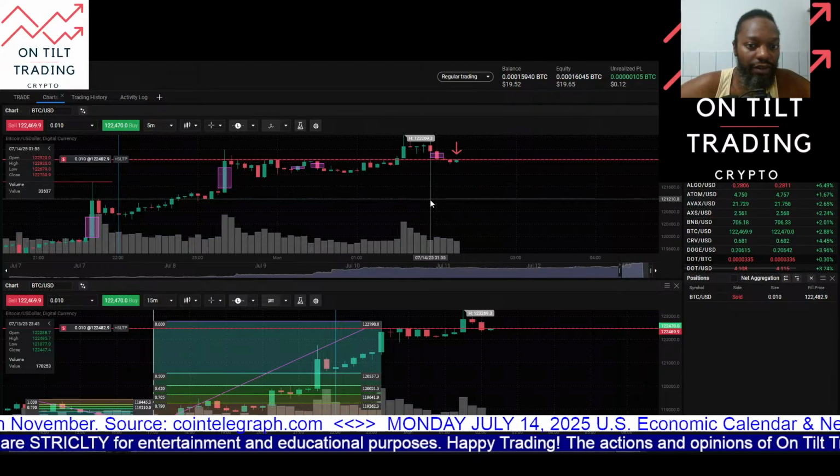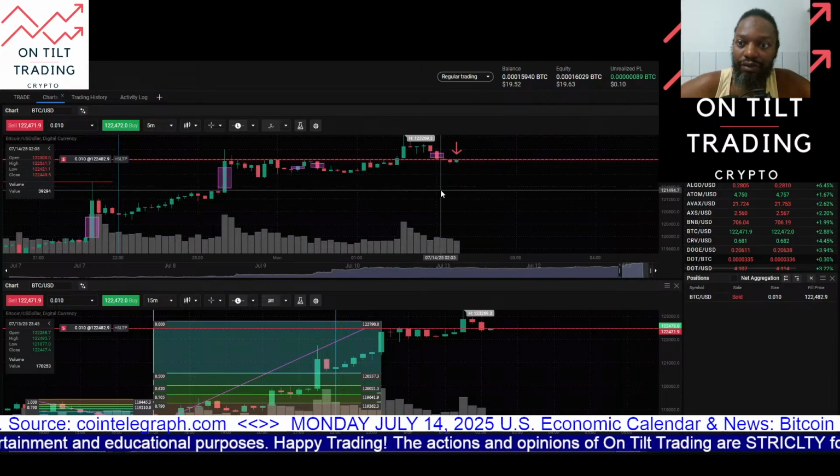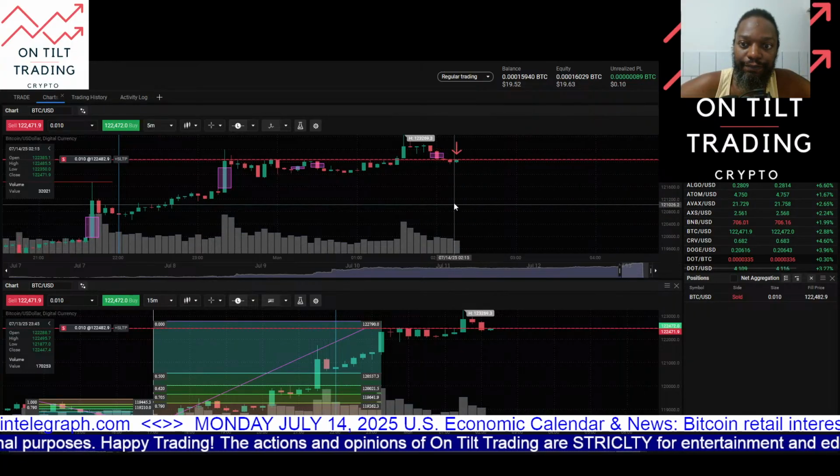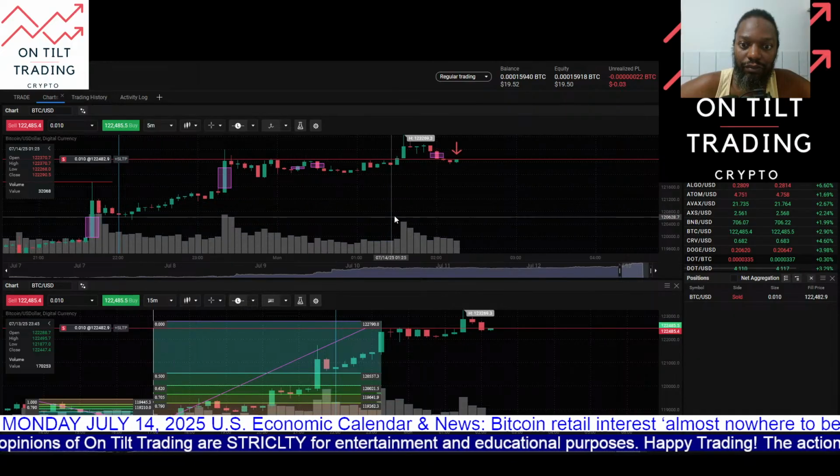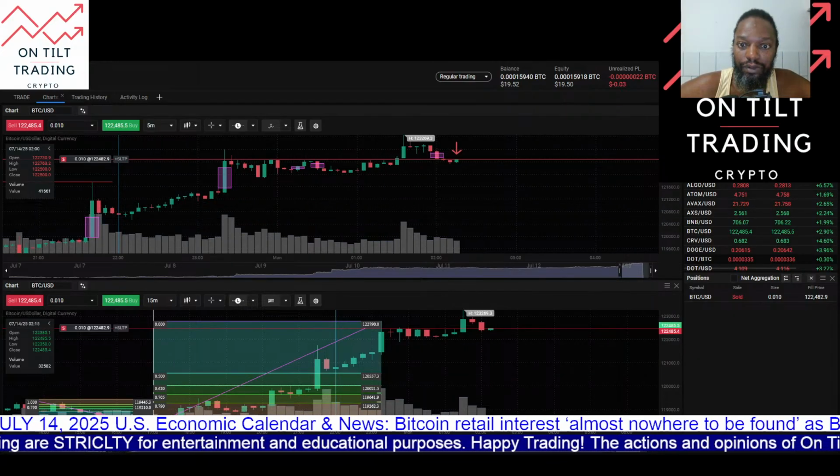This price trades into this sell side fair value gap here. Let's look at the macro.